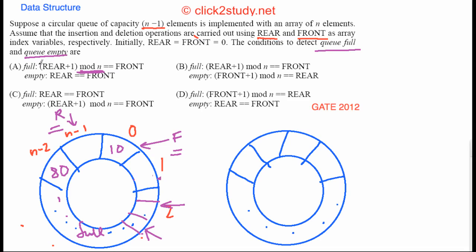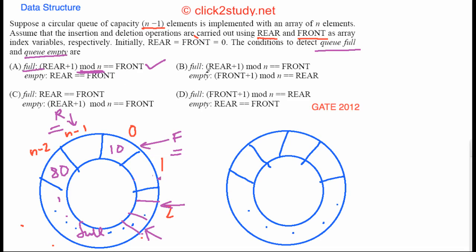That's why rear plus 1 mod n will give you front. That thing is correct. So for full you have this condition: rear plus 1, and if you take the remainder by dividing with n, it should give you the pointer to the front.